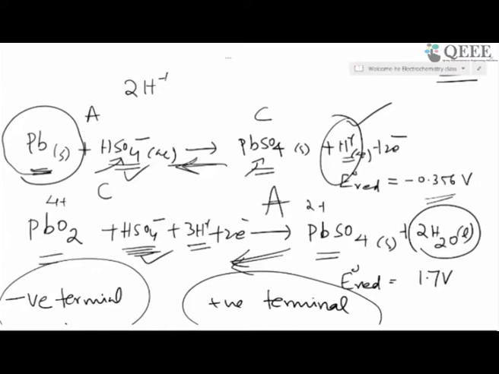So what is the difference between a battery and a battery cell? A cell means one electrode of this and one electrode of this. That means it's a single cell. You have one anode, one cathode dipped in an electrolyte, that is a cell. So if we put several cells together, this is the negative electrode and PbO2 is the positive electrode.